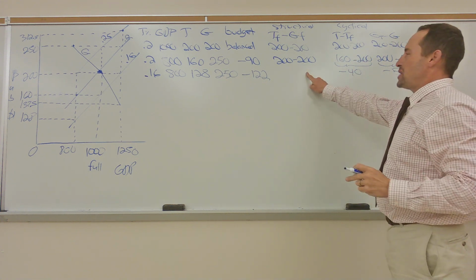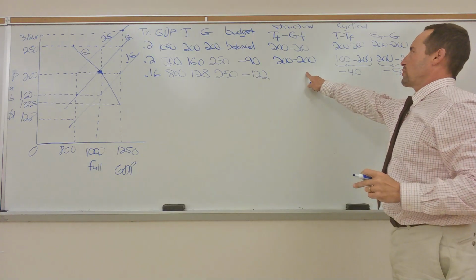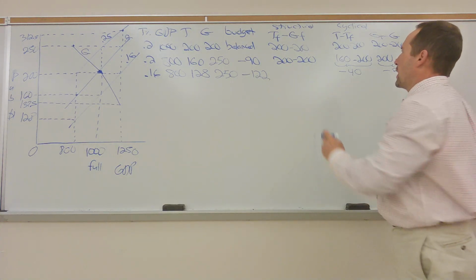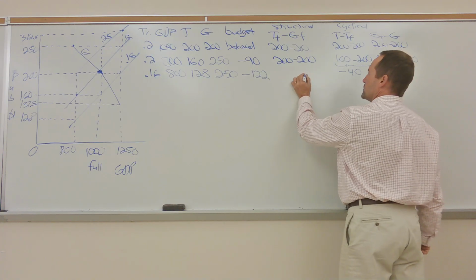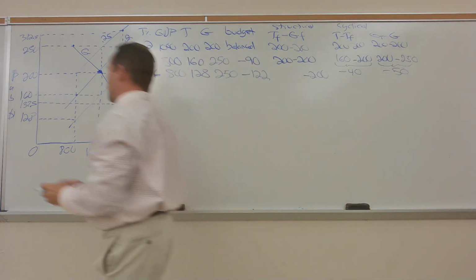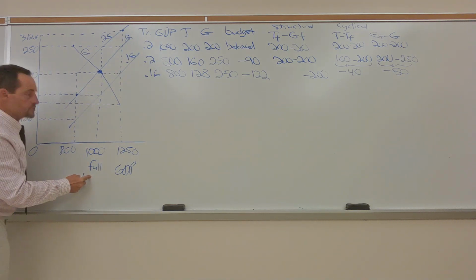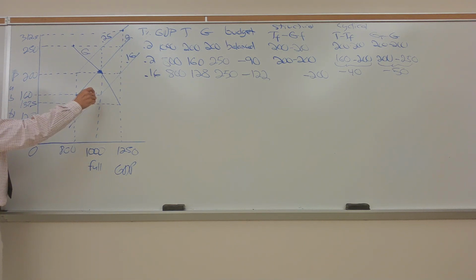Okay. Did we change the tax policy? Yes, we did. So we have to change our structural analysis. Government spending over full is 200. However, what is 16% over full? 16% over full is right here, 160.